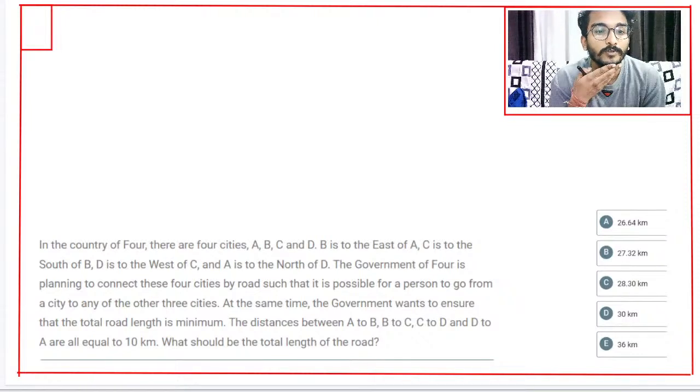In the country of 4, there are 4 cities, A, B, C, D. These are to the east, we will make this picture. It is east, south, north. The government is planning to connect these 4 cities by road so that it is possible for a person to go from one city to another. At the same time, the government wants to ensure that the road length is minimum. So what is the minimum distance of the road? The distance between A, B, B, C, C, D are all 10 kilometers. So it is given. What should be the total length of the road?